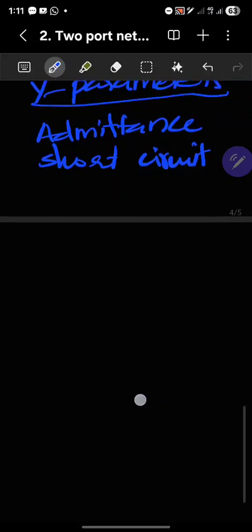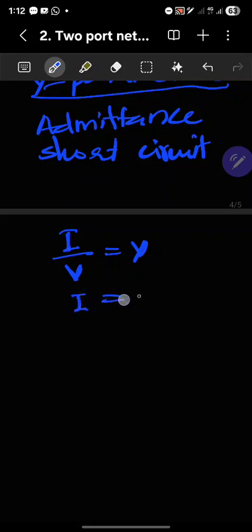So we can write admittance. We know what admittance is: it is the ratio of current to voltage. The voltage to current ratio is called impedance, and the inverse of that, current to voltage, is called admittance. So we can write I is equal to YV.